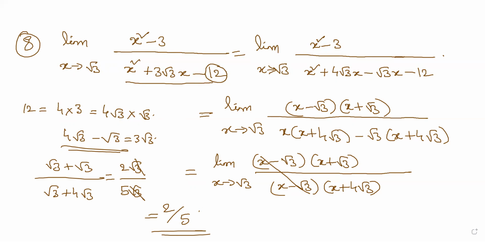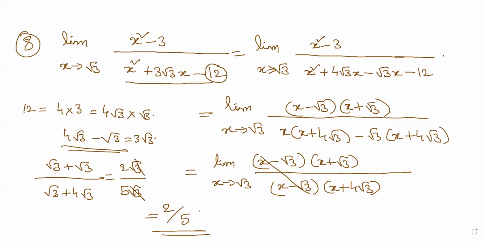Really a beautiful question. I was also thinking some root 3 will come, but root 3 is not there in the answer. That's the beauty. I was also expecting some root 3 somewhere. Root 3 is missing completely. You are starting with some irrational number, you ended up with a rational number.